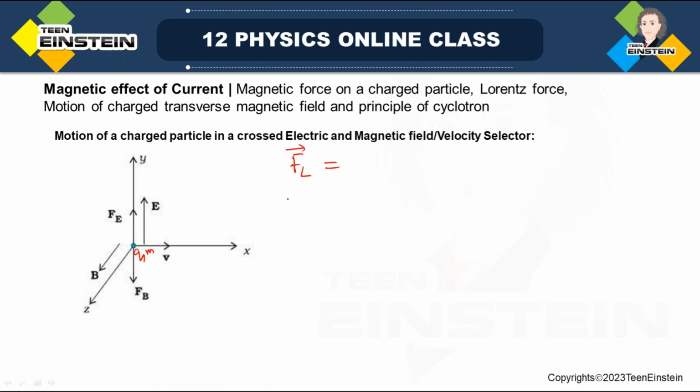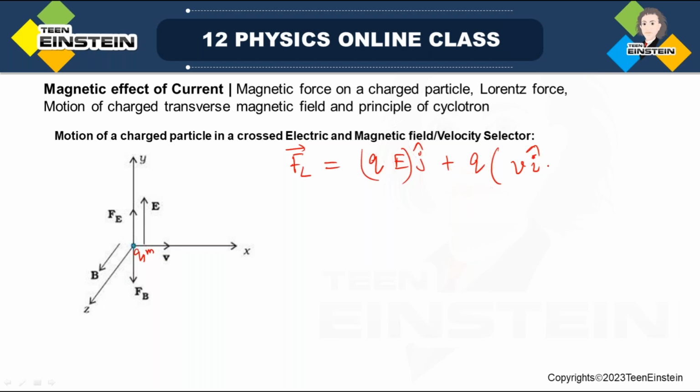So we'll just write this q. See, let us say the magnitude of the electric field is E and it is acting along the j cap direction, and then I have q v cross B. V is acting in which direction? X direction.